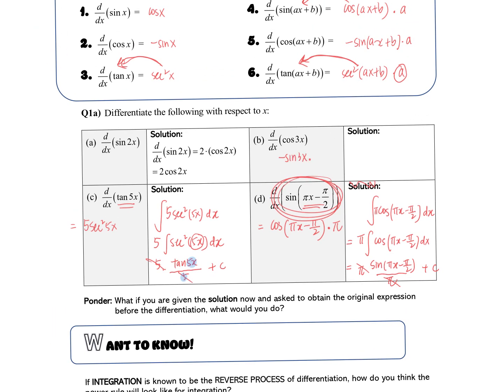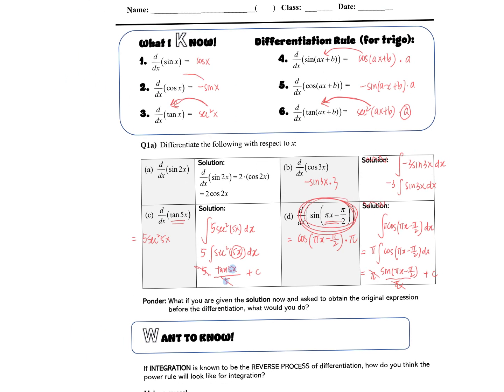Then multiply by, so what is it? 3. So if I integrate back, bring out the 3. If I integrate sine, what do I get? Cosine.